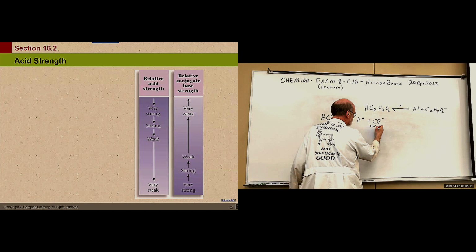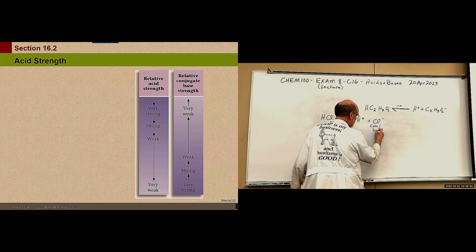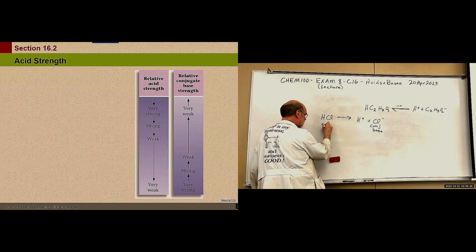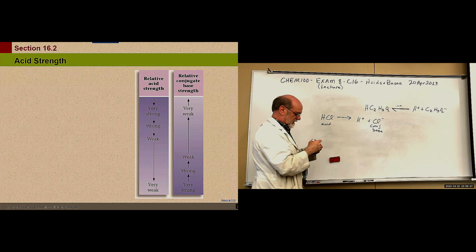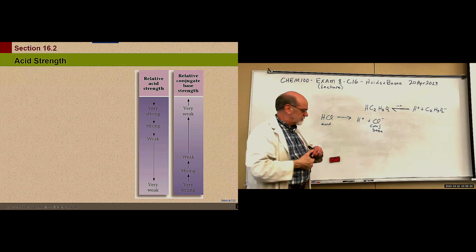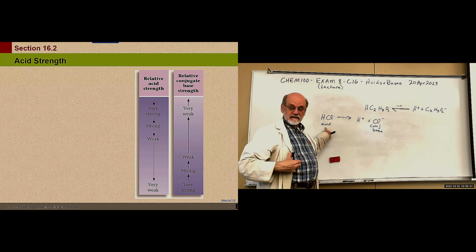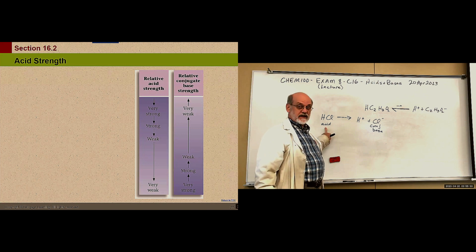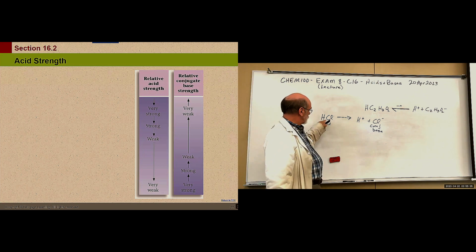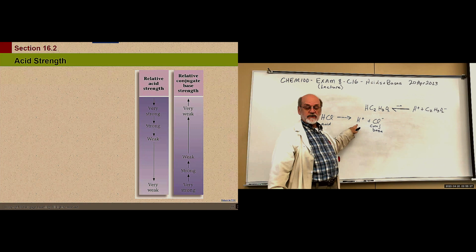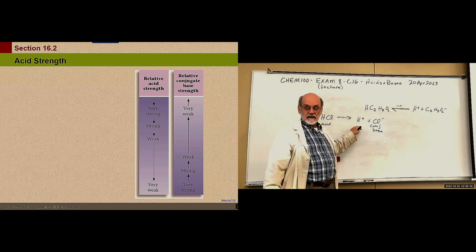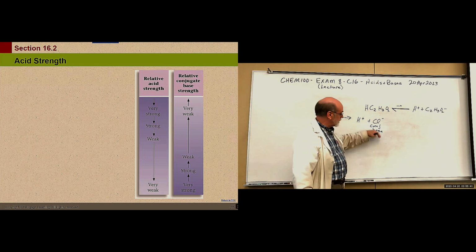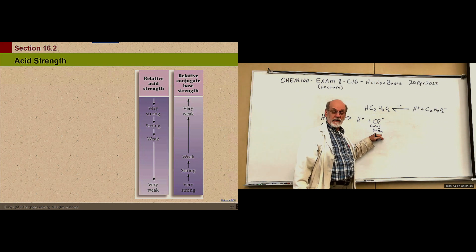So here's the conjugate base of this acid. Think about it logically. If this acid is very eager to dissociate that proton, get rid of it, what would be the character of the conjugate base? Does it want the proton back? No, it doesn't.